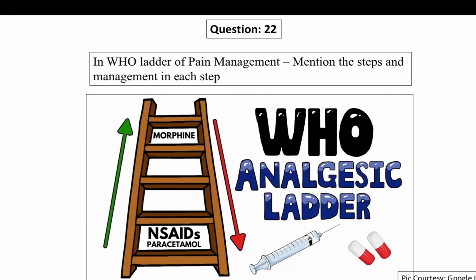So we can add some co-analgesics or adjuvants to step 3 severe pain. If there's edema, we can add corticosteroids. In case there's neuropathic pain, antidepressants. For muscle cramps, we can add muscle relaxants. For any colicky pain, antispasmodic. And if there is any vomiting or nausea, you can add antiemetics. Okay. Yes.